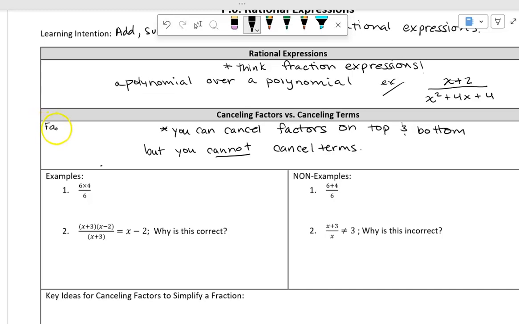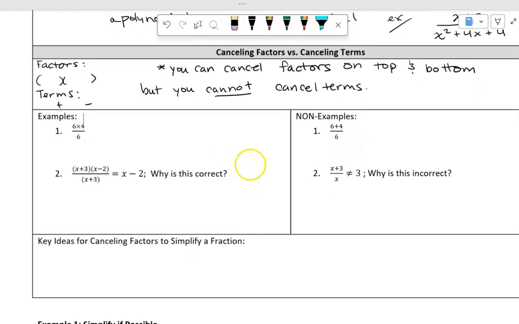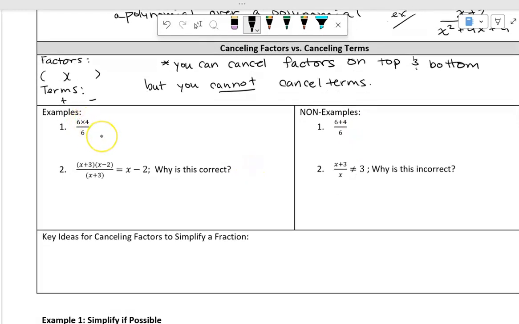First of all, factors usually look like this, and terms usually have pluses and minuses in between them. So factors are all multiplied together, whereas terms are separated with pluses and minuses. So let's look at an example using just some basic numbers.